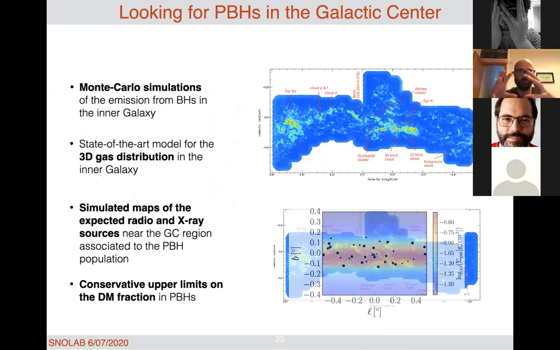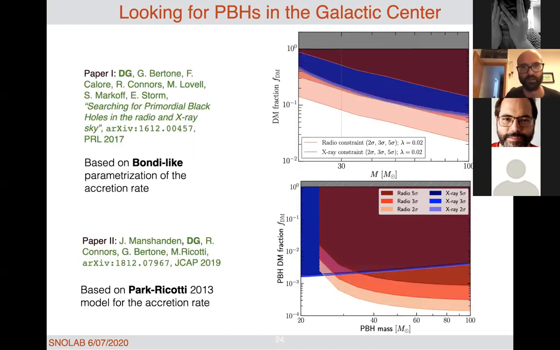We took into account all our information from astrophysics, from the distribution of gas in the galaxy, and we came up with simulated maps of the expected radio and X-ray sources. So by comparing the expected number of sources that you would possibly associate to this population of black holes to the actually observed sources, we could set conservative upper limits on the fraction of dark matter in black holes. And this is the result that we got.